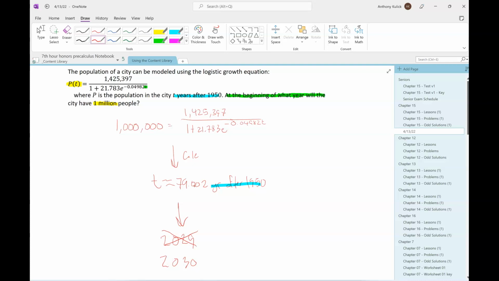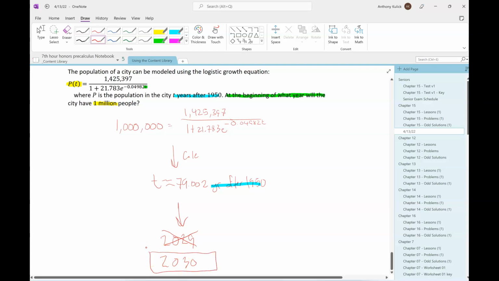But the question asked, the beginning of what year? That would be midnight, January 1. So that's what we got. Should be 2030. Sneaky. Even though it's that little, the standard rounding would say round down. In the context of this question, no matter what, it's a round up.